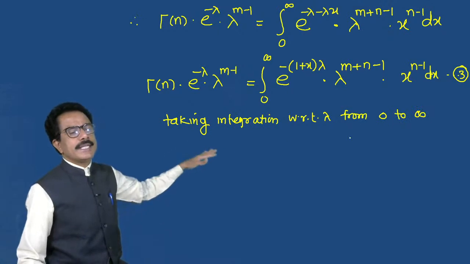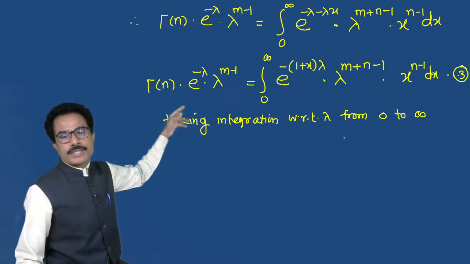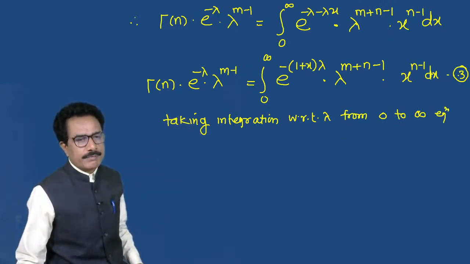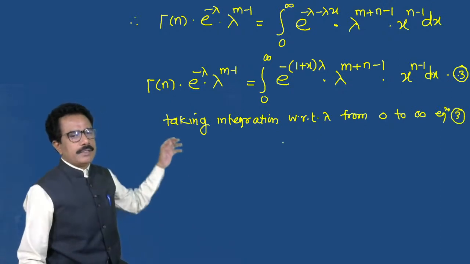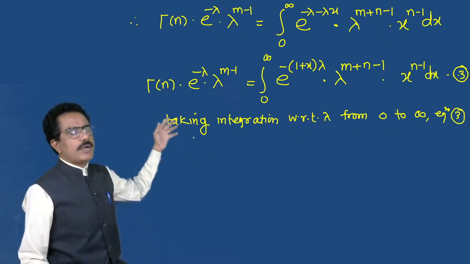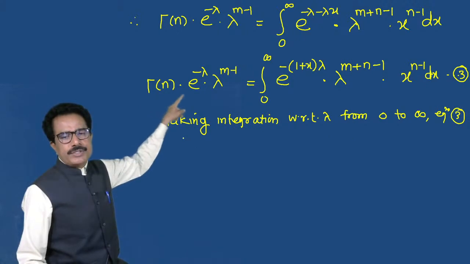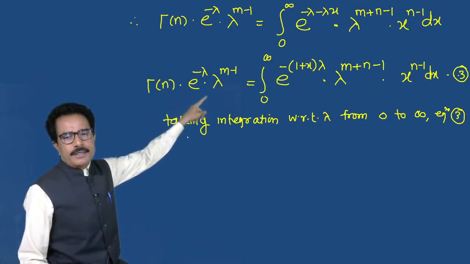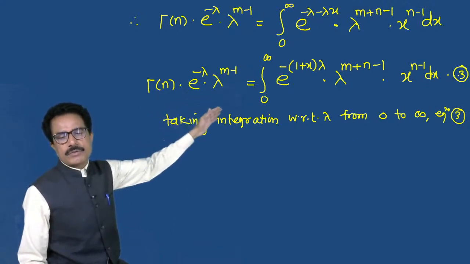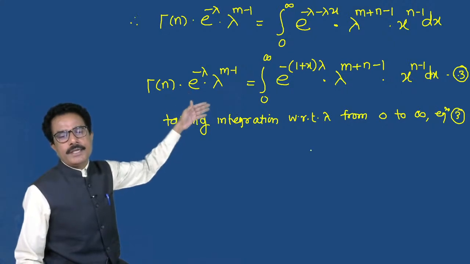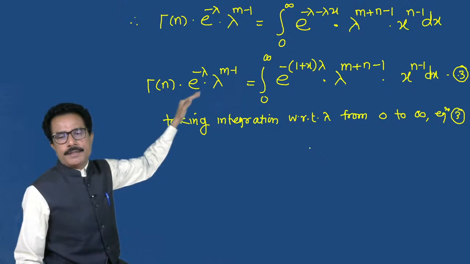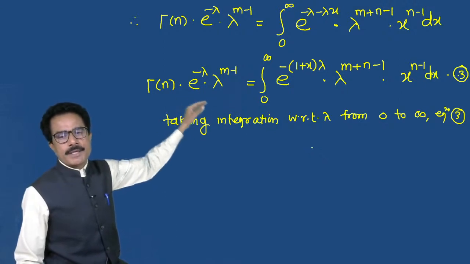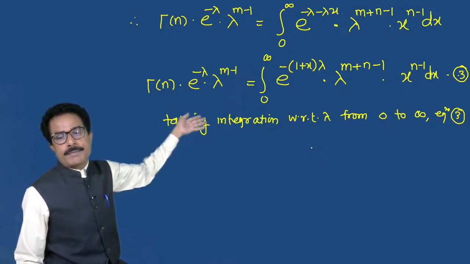So taking integration with respect to lambda of this equation 3. So gamma n into e raised to minus lambda into lambda raised to m minus 1 which is equals to integral from 0 to infinity e raised to minus 1 plus x times lambda into lambda raised to m plus n minus 1 into x raised to n minus 1 dx.